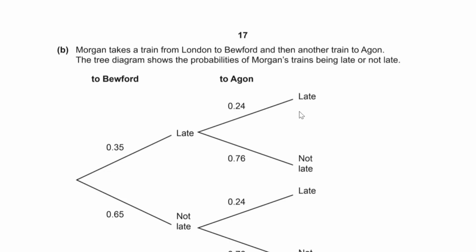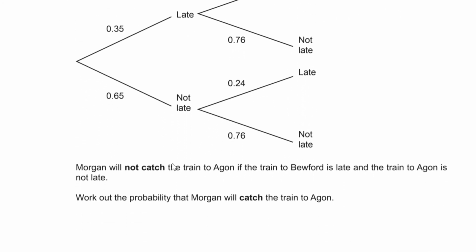For part B, Morgan takes a train from London to Beaufort and then another train to Argonne. The tree diagram shows the probabilities of Morgan's trains being late or not late, that's shown here. Morgan will not catch a train to Argonne if the train to Beaufort is late and the train to Argonne is not late. We have to find the probability that Morgan will catch a train to Argonne.